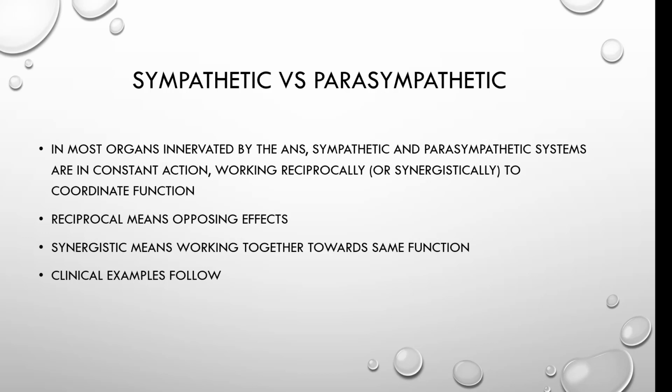Often the effects are opposing. In very rare situations, they have the same effect. But most of what we're going to be talking about today are opposing effects and how those opposing effects coordinate to create the functions that we need in those systems.